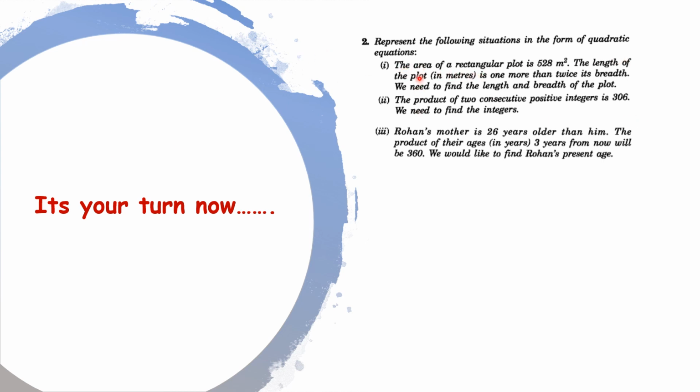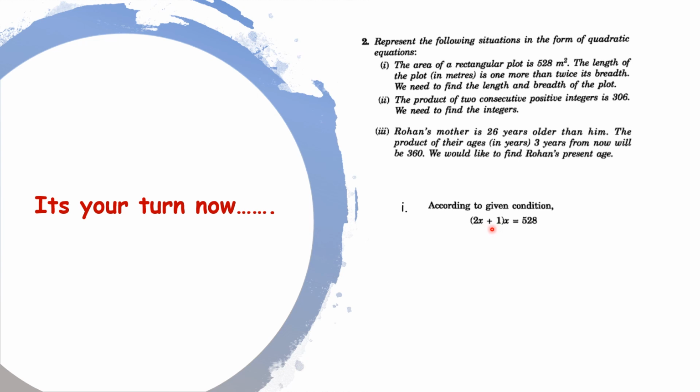Your first question is, the area of a rectangular plot is 528 meters square. The length of the plot is 1 more than twice its breadth. We need to find the length and breadth of the plot. So for this, the length is 1 more than twice its breadth.